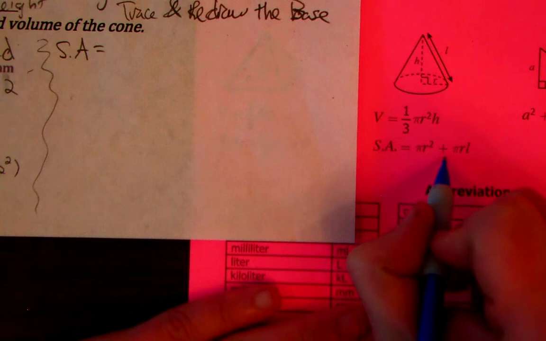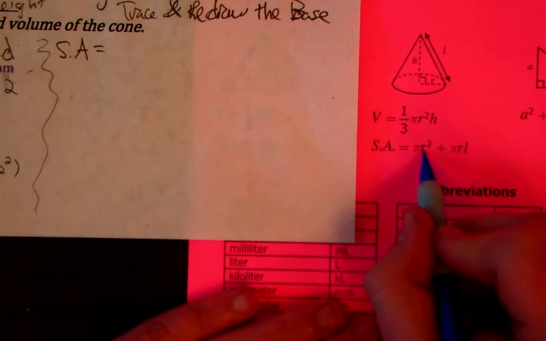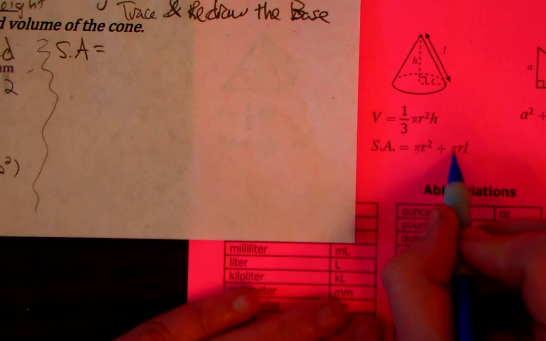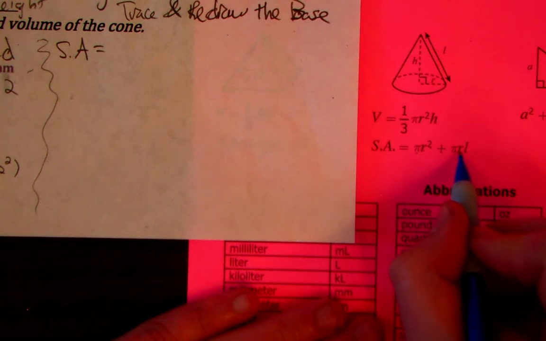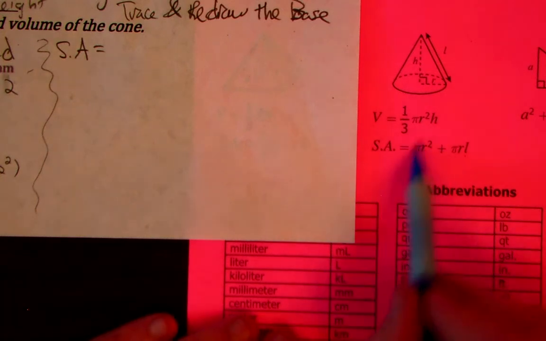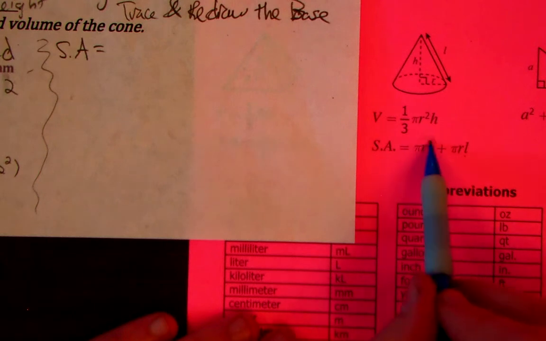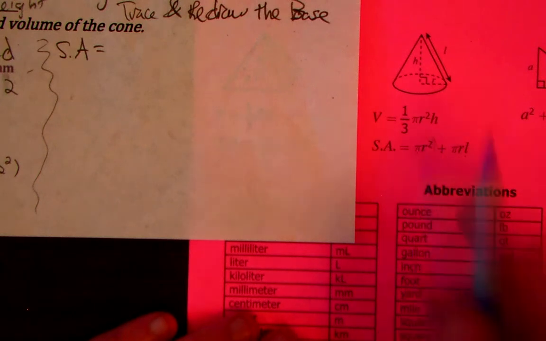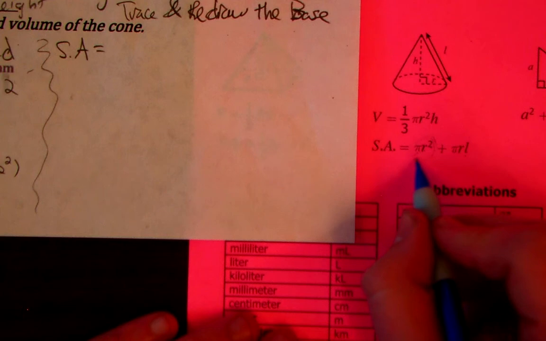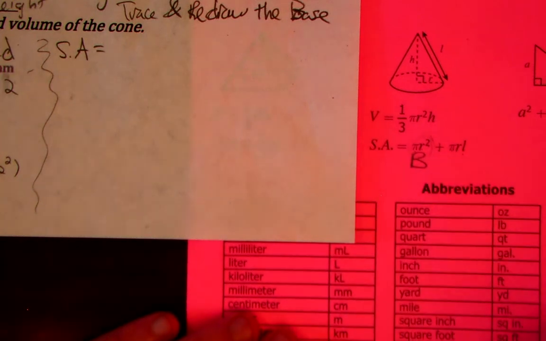So surface area is going to be equal to pi times the radius squared plus the pi times the radius times the slant height. However, what I've been doing this year is, since we already have this amount, we know that's the area of a circle, which is the area of our base, and so we can essentially sub this out to be that big B. That way we have less calculations.